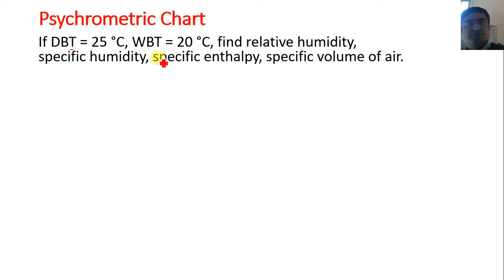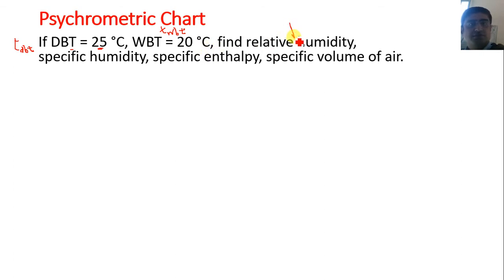So first of all you have the value of T_DBT, the dry bulb temperature, given as 25 degree, and the wet bulb temperature T_WBT is given as 20 degree Celsius.